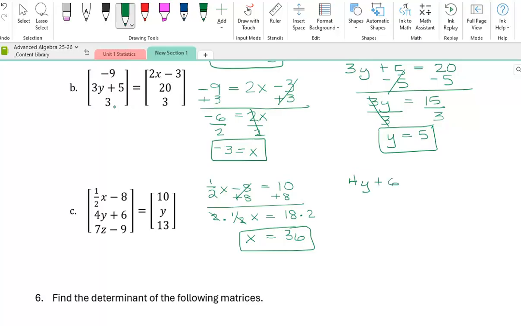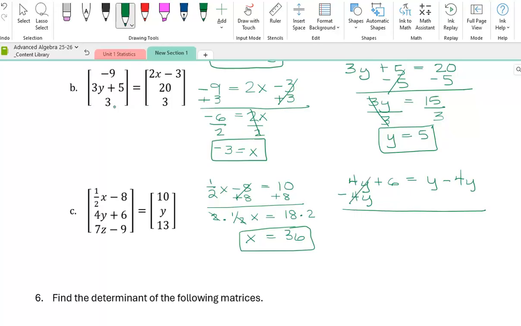4y plus 6 equals y. Oh, I have y's on both sides. Well, I want my variables on one side and my numbers on the other. So because my variable is all alone here, I'm going to move this variable up to join it. So the opposite of 4y is -4y. And then I'm going to subtract 4y.